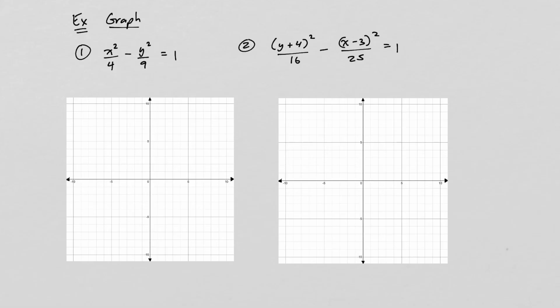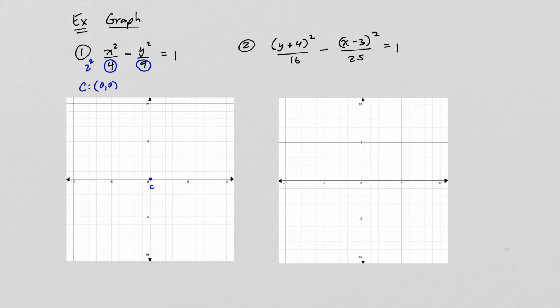All right, here we go. The first thing you do when you graph a hyperbola is the same thing that you do when you graph an ellipse. You have to identify the center. And for this first example here, the center is 0, 0. So we'll go ahead and put that center in there. Then, just like you did with an ellipse, you're going to think about the number 4 as 2 squared.